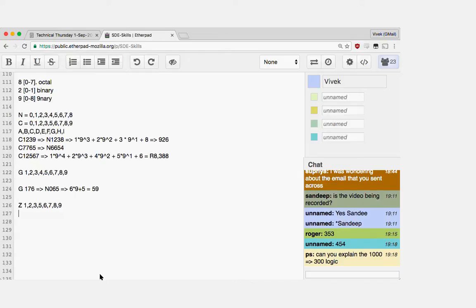Let's say 276. I want 276, what is that? We need to subtract 2 in octal, because 1 times 8 to the power 2. So that's what this means.